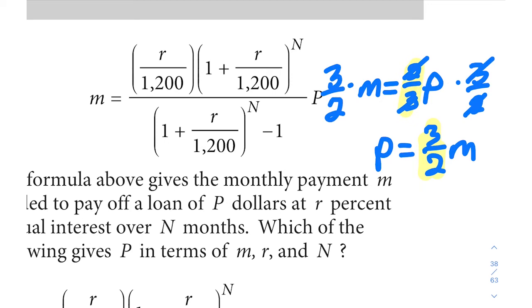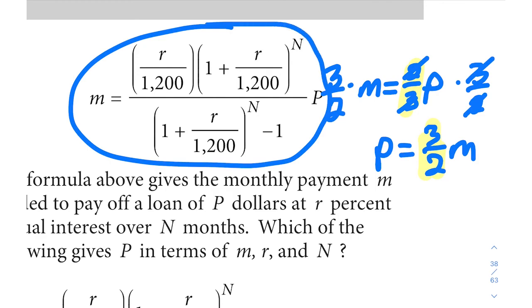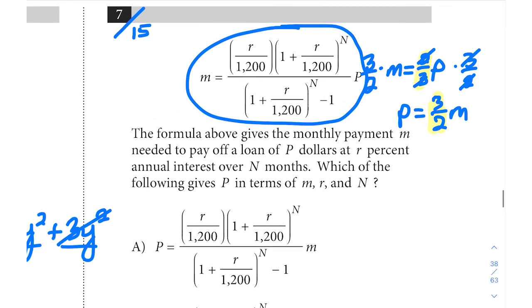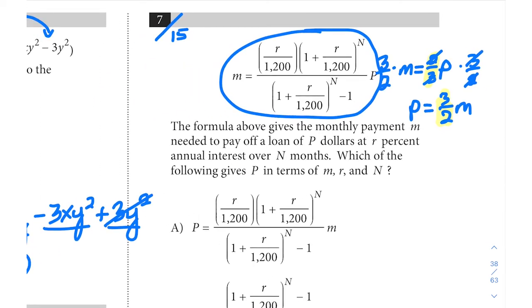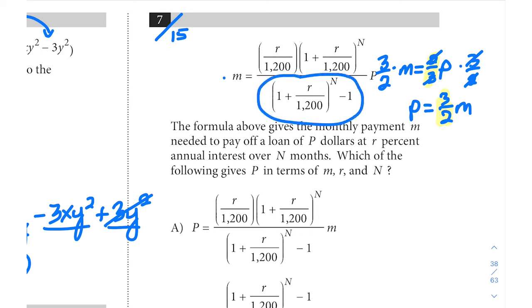This is just the reciprocal of what we started with, the 2/3, right? And so if we apply that to this complicated looking question here, we can say, all right, to get p by itself, I would have to multiply m by the reciprocal, which means this complicated looking denominator would be up here, 1 plus the r over 1200 whole thing to the n and then minus 1.